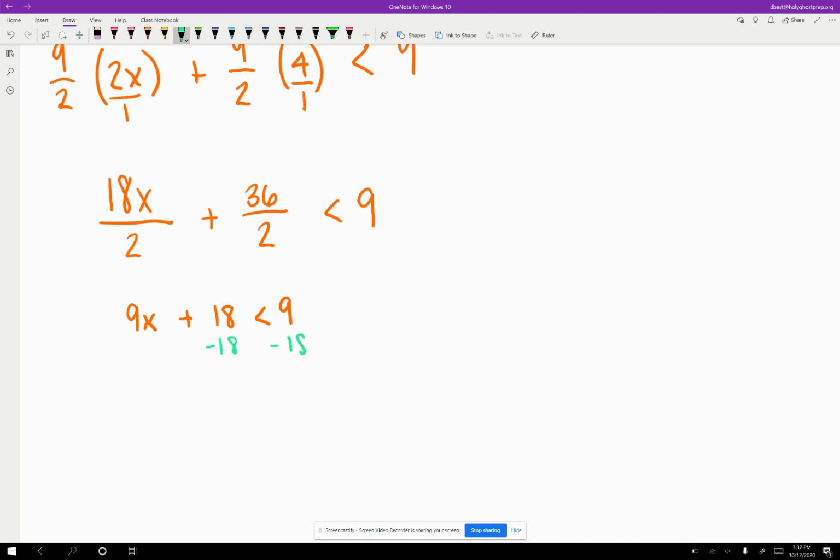So we subtract 18 on both sides. So we have 9x is less than negative 9. And we divide by 9. So x is less than negative 1. Now our last step was not dividing by a negative number, right? We divided by a positive 9. So we did not need to flip our inequality sign.